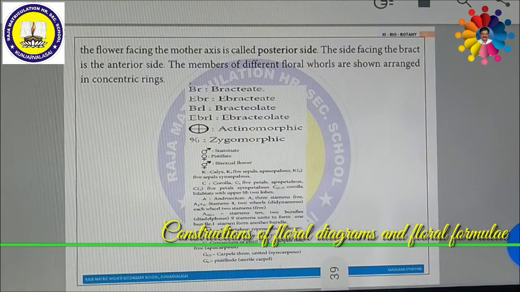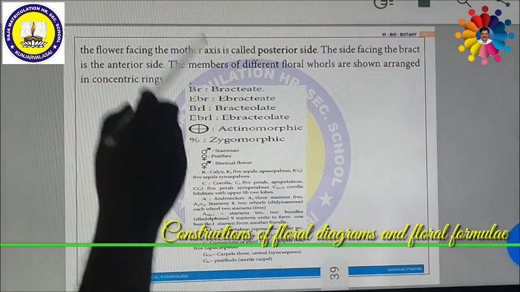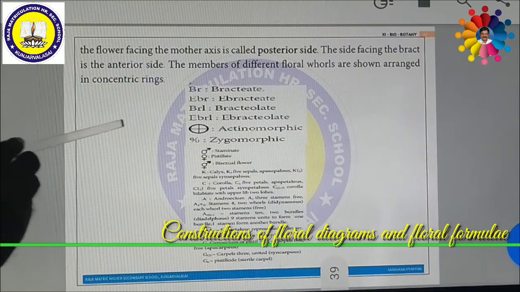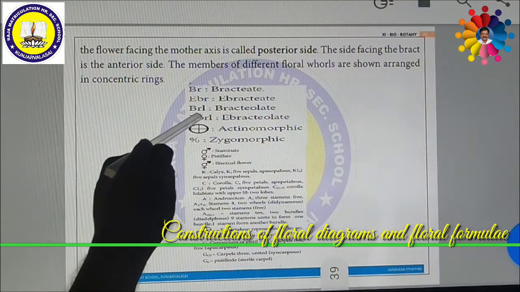If there is no bracteole, it is represented by Ebr1. If a flower is actinomorphic, it means that if you take a cross section anywhere in the flower, it is symmetric on both sides. These are represented by a circle and plus mark.